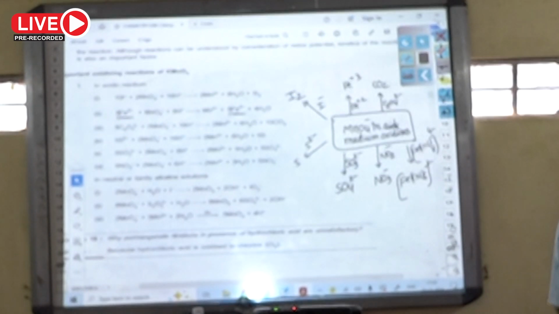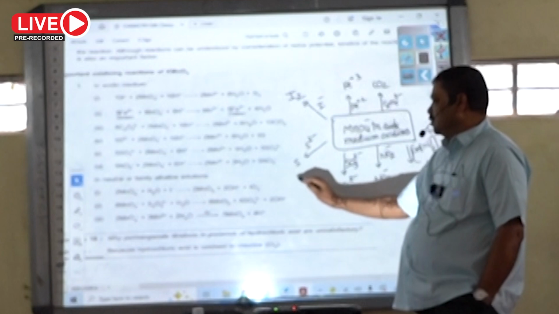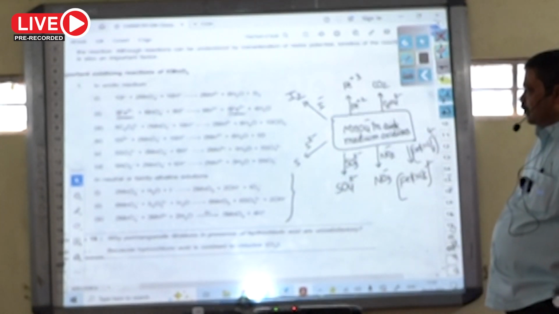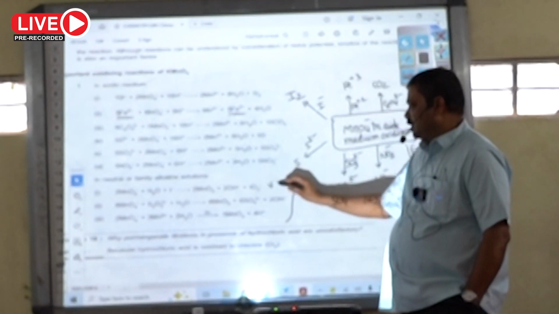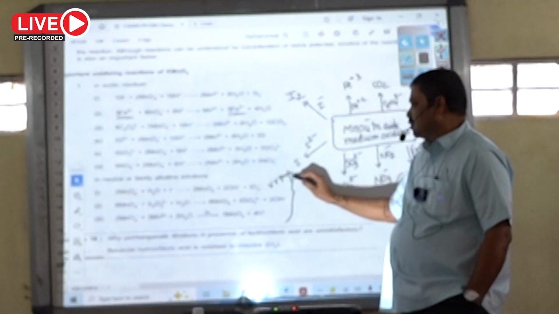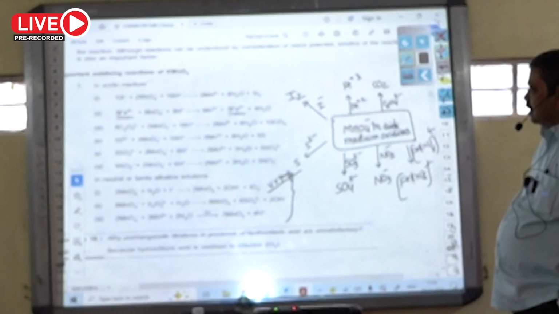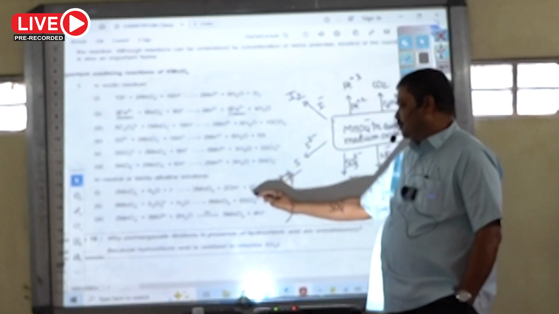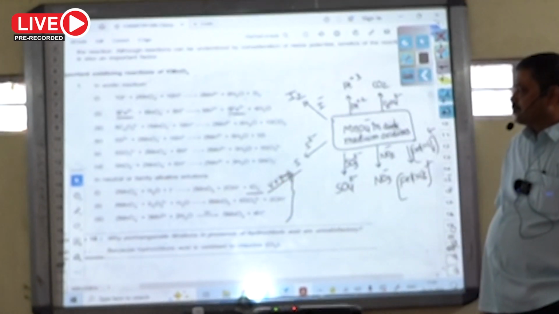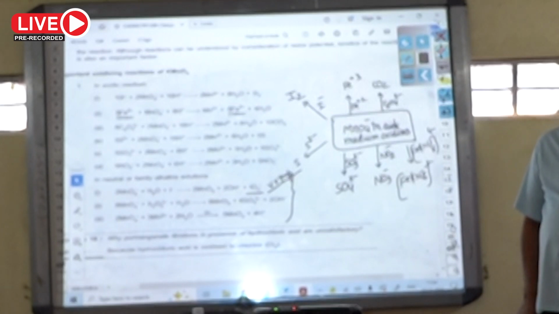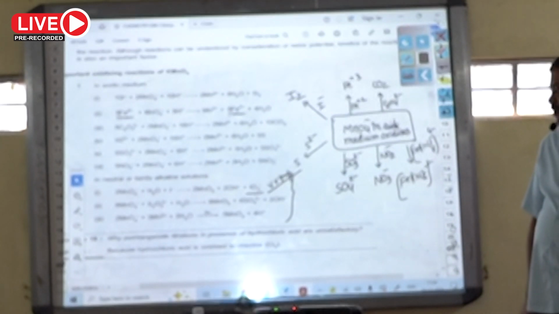In neutral or basic medium, the first one is very, very important. I minus is oxidized to IO3 minus, iodate ion.